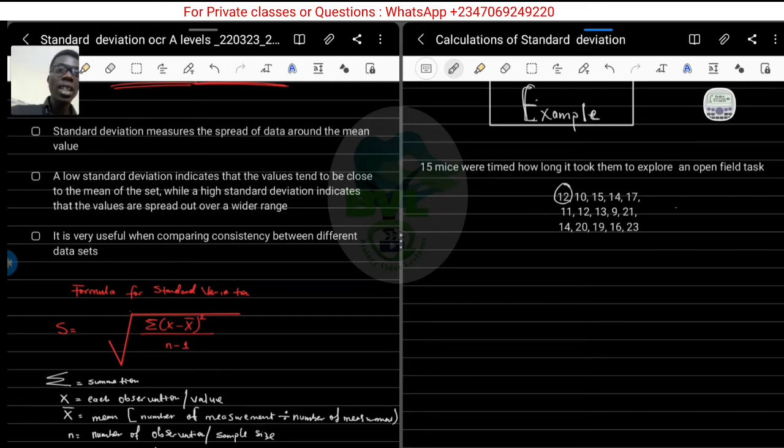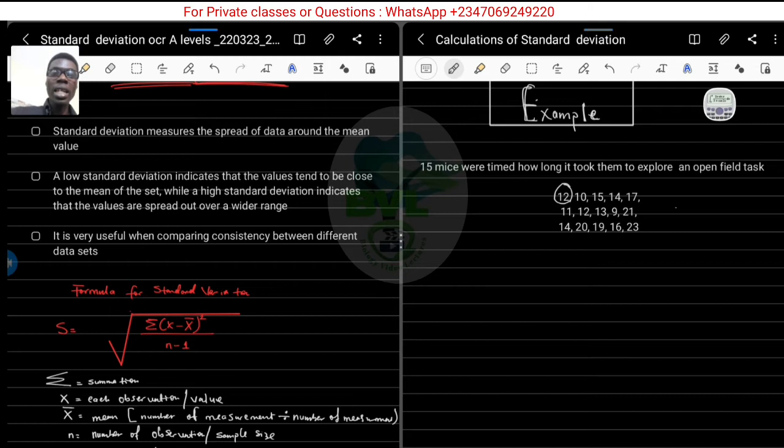While a high standard deviation indicates that the values are spread out over a range. It's very useful when comparing consistency between different data sets. You just want to know how consistent the data are. Is it too far apart? If you have 2 as one of the values and you have 100, that's too far apart.